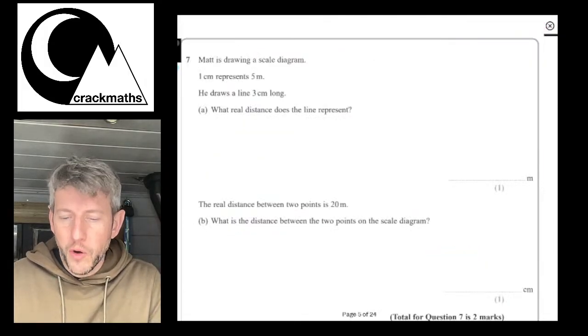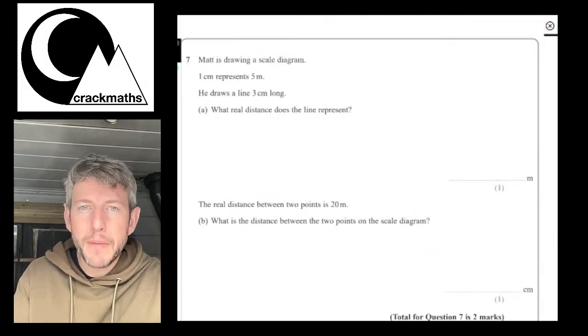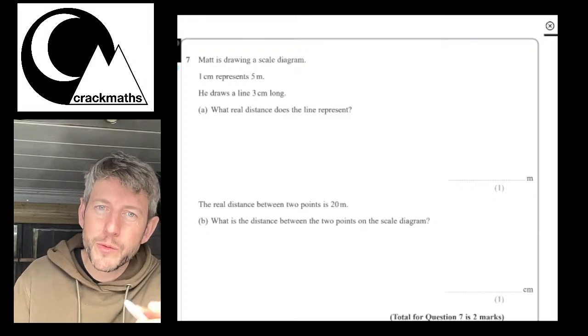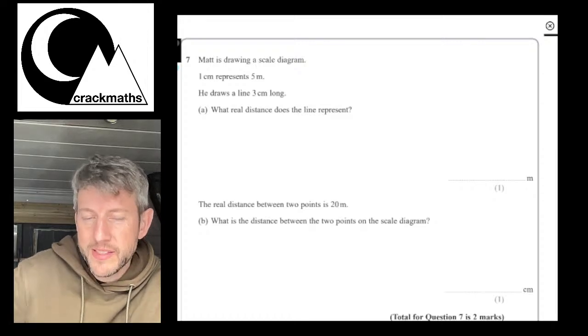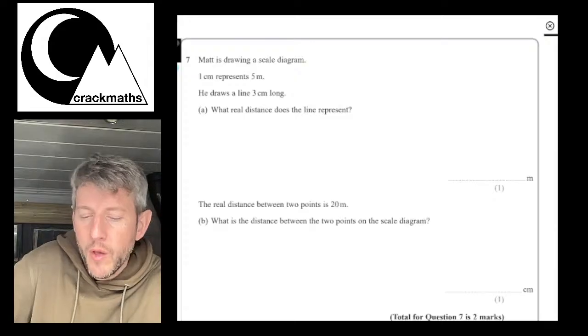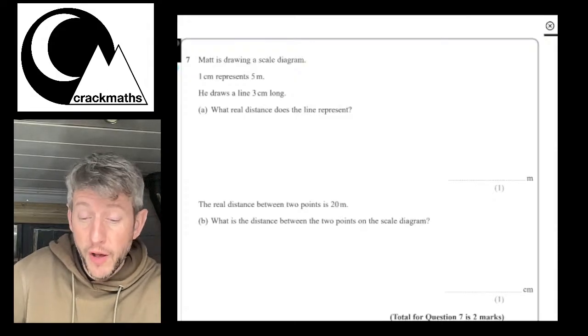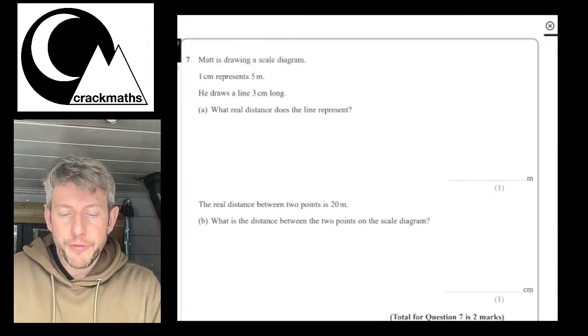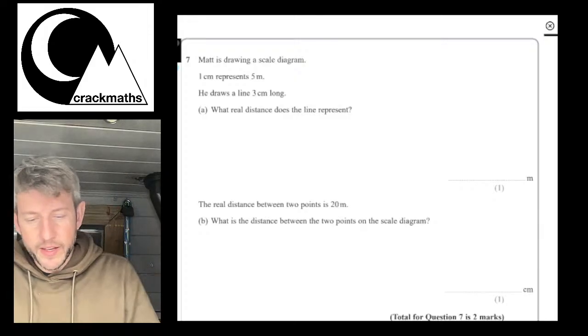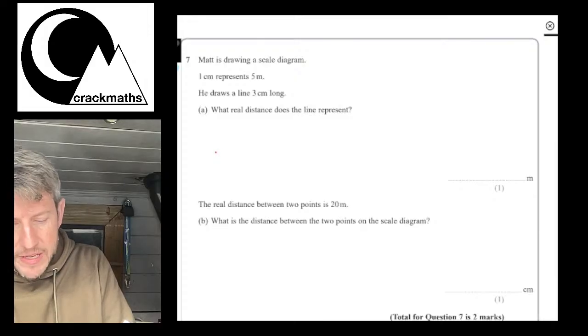So here we go, we've got question 7 here, and it says Matt is drawing a scale diagram. So again, this is a massive functional skills crossover question here, scale drawing. Matt is drawing a scale diagram. 1 centimetre represents 5 metres. He draws a 3 centimetre line. What is the real distance? Okay, so let's think about this. We've got our 3 centimetre line.